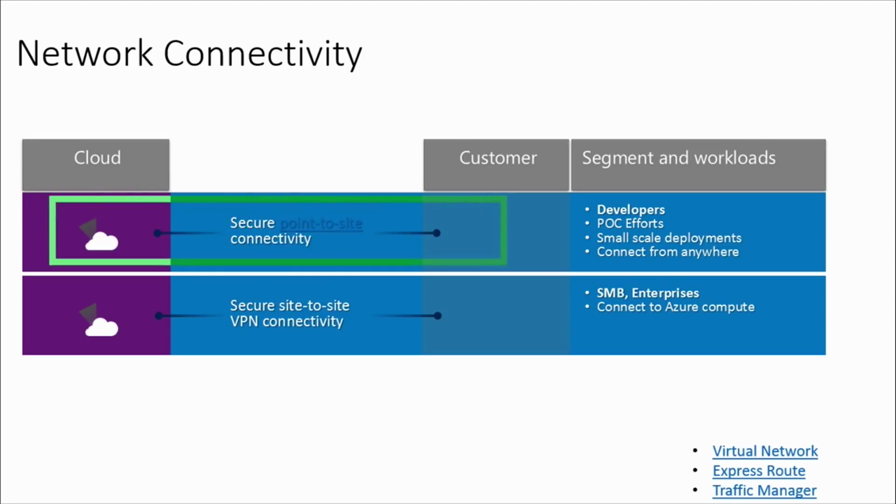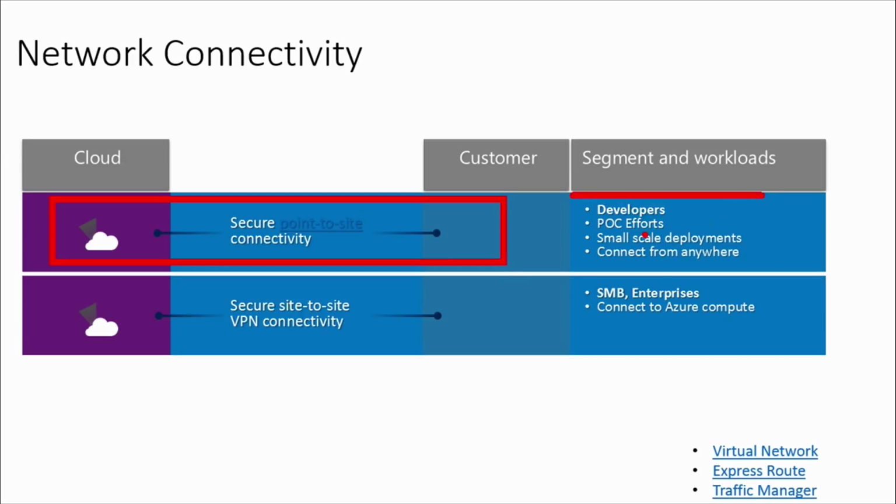So first of all, point-to-site connectivity would be an option. And the thing to consider from an architectural perspective is why we would do this one. So we're going to look at three options: point-to-site or P2S, site-to-site, or else doing ExpressRoute. That's what we really want to differentiate between, from a workload perspective. So why would we do this?